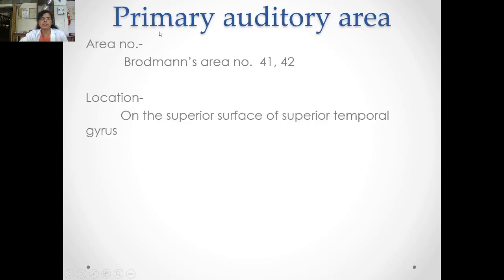So first we will see about the primary auditory area or sensory auditory area. It is Brodmann's area number 41, 42. Location: this primary auditory area is present on the superior surface of the superior temporal gyrus, which forms the inferior wall of the posterior ramus of the lateral sulcus, and this area also extends a small part on the superolateral surface.